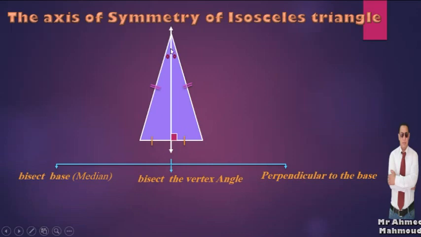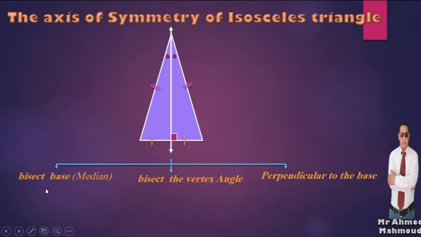Finally, what does the axis of symmetry of the isosceles triangle do? It bisects the base, bisects the vertex angle, and is perpendicular to the base. In the questions, he will give me one of the three properties and I will conclude the two other properties.